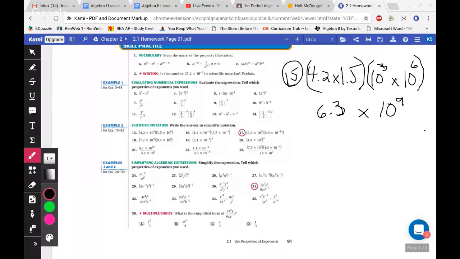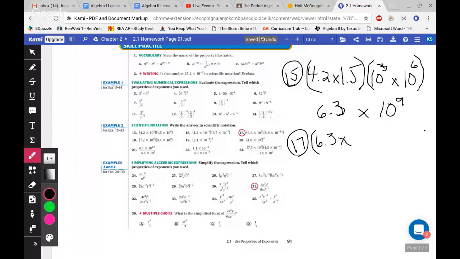Okay, I have to shut the chat window for a minute to go back and work number 17. Basically, what you want to do is regroup because multiplication is a commutative and associative property.